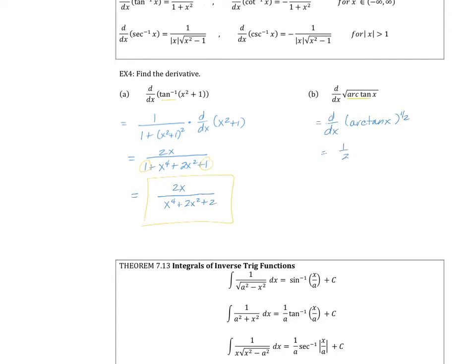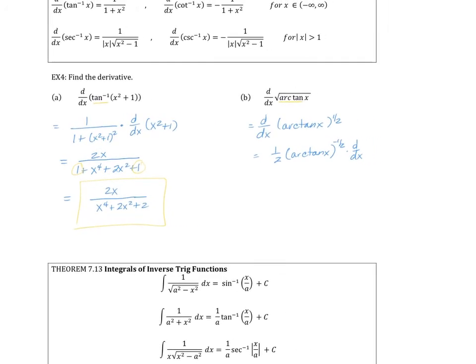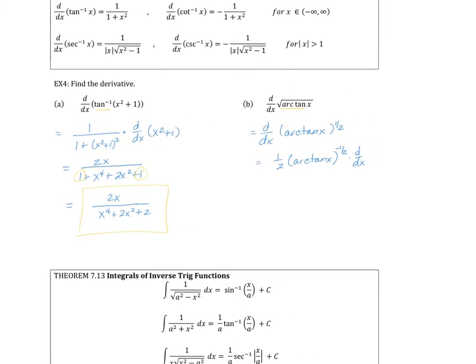1/2 from the power rule, stays the same, to the negative 1/2 times the derivative of arctan. Okay.